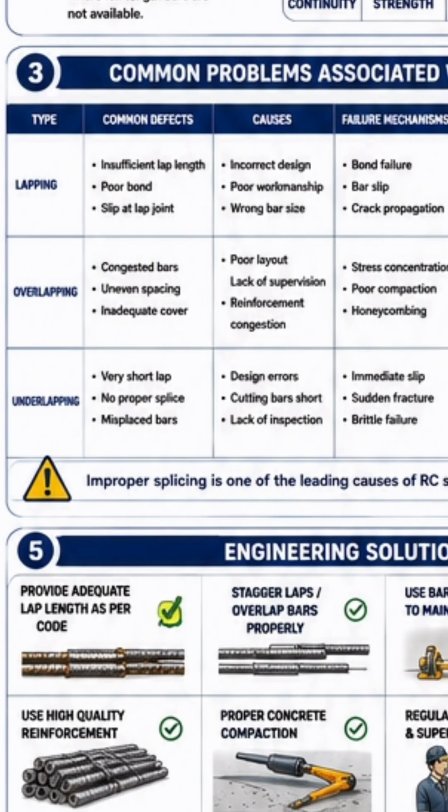So we have the causes. For the lapping, we have incorrect design. That is some of the causes for this lapping, overlapping, and underlapping. So for you to have your normal lapping, one of the causes there is incorrect design, and we have poor workmanship.